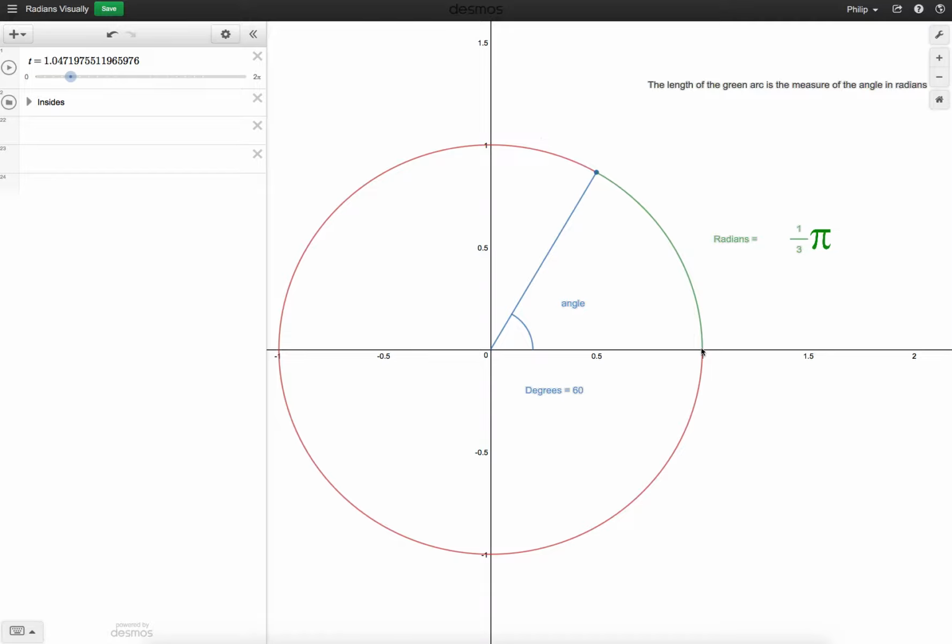Right? So that green piece right there would tell me the radian measure of the angle. If I cut this piece out and straightened it out and measured it, and asked how long is that, that's another way to measure this angle. And so it turns out that if I had a 60-degree angle, the length of this green arc that got swept out would have a length of pi over 3.